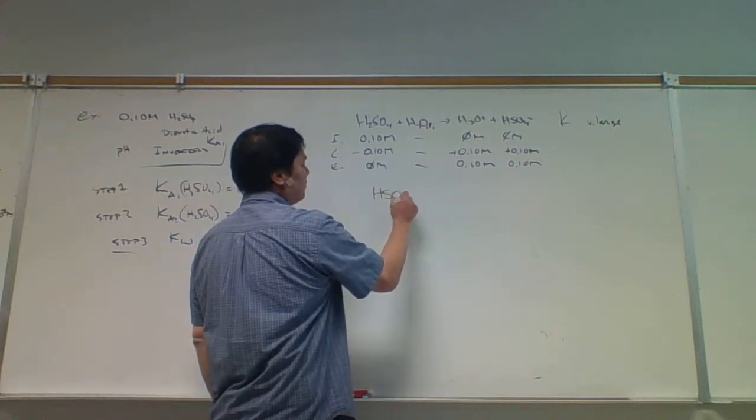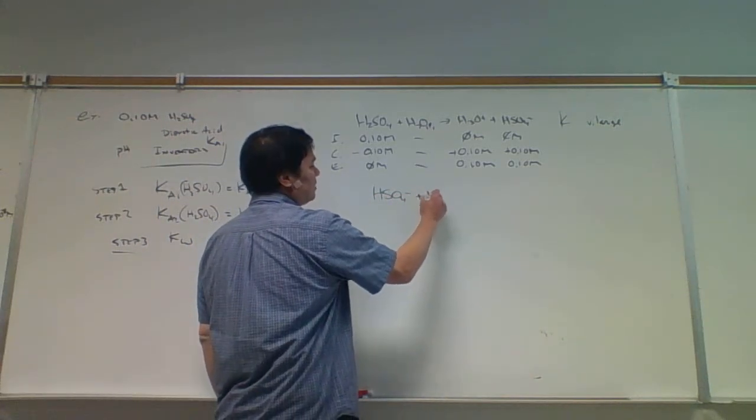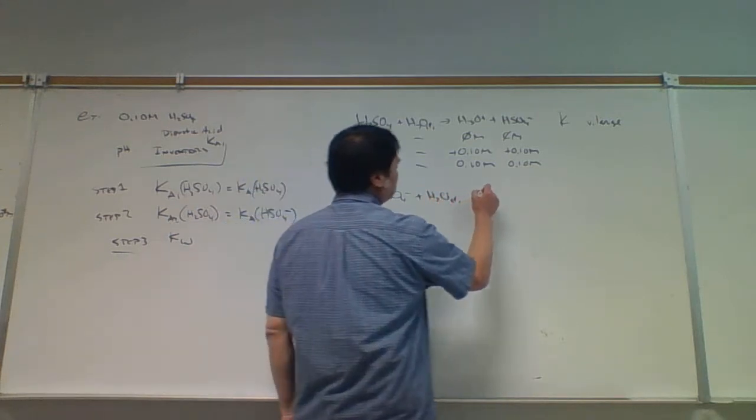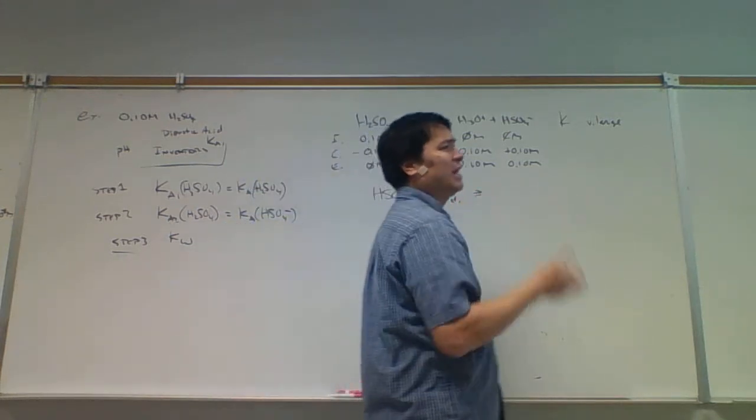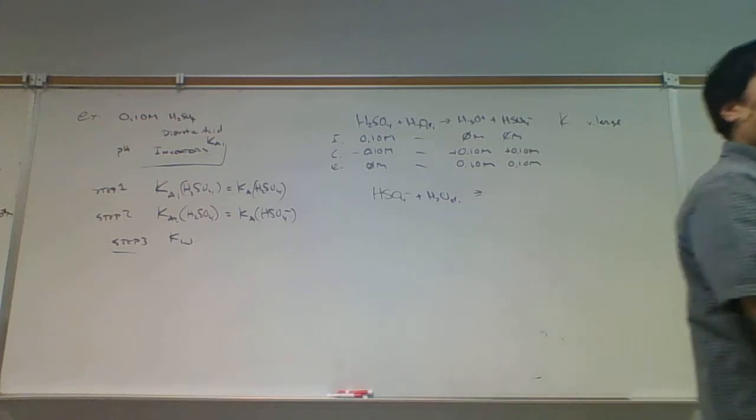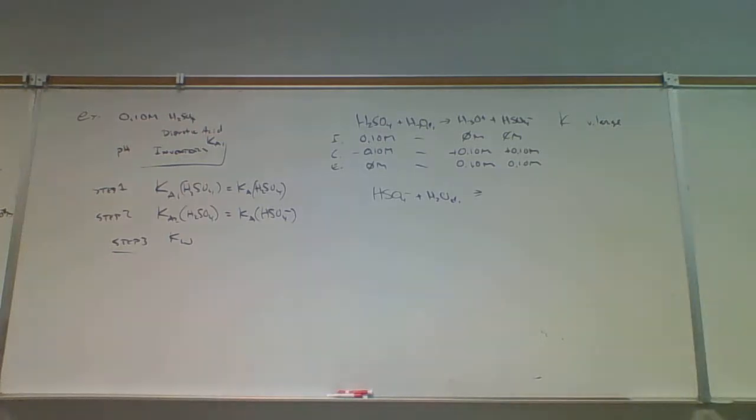Now, what is a significant K value? So HSO4 minus plus H2O liquid. What's kind of a big K value? We scan the K values. Obviously the biggest are going to be the very large, but after the very large, what's a big K value?